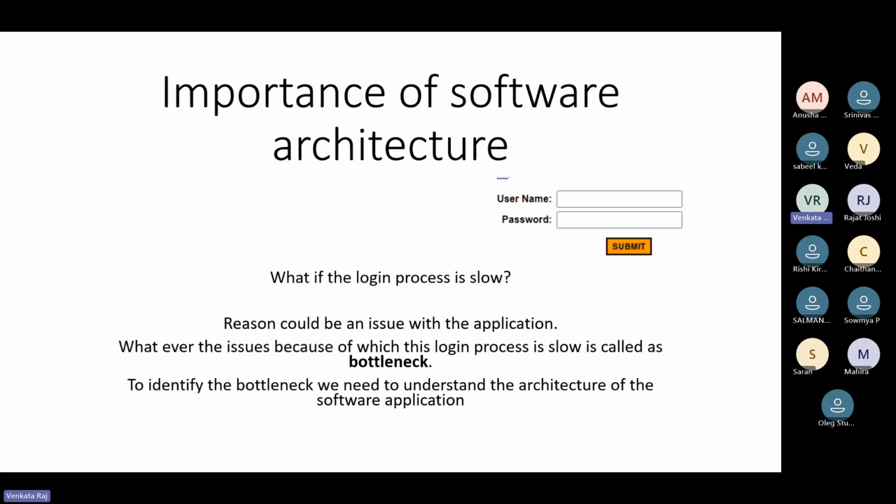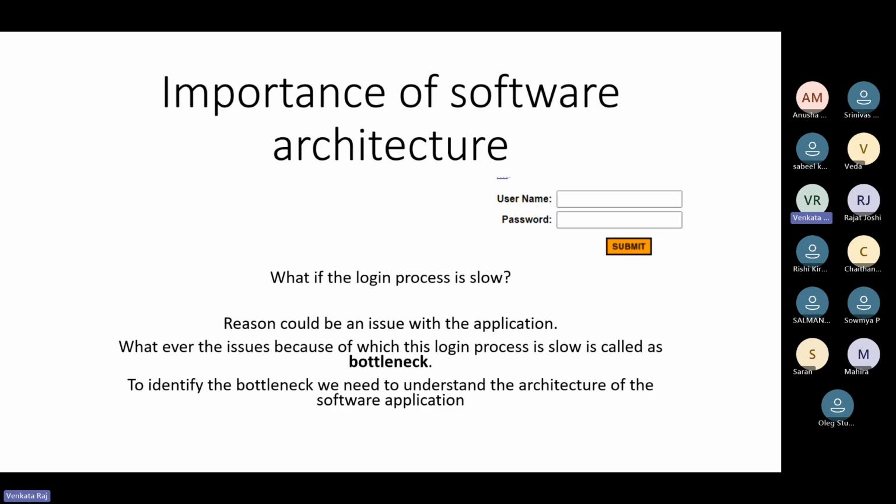I just mentioned those points here again. So what if the login process is slow? The reason could be an issue with the application. Whatever issues because of which the login process is slow are called bottlenecks. To identify the bottleneck, we need to understand the architecture of the application.